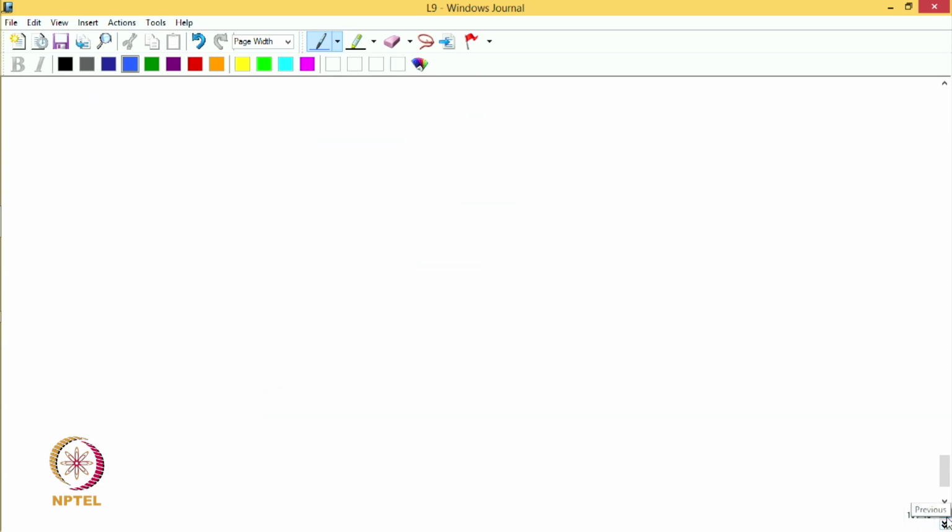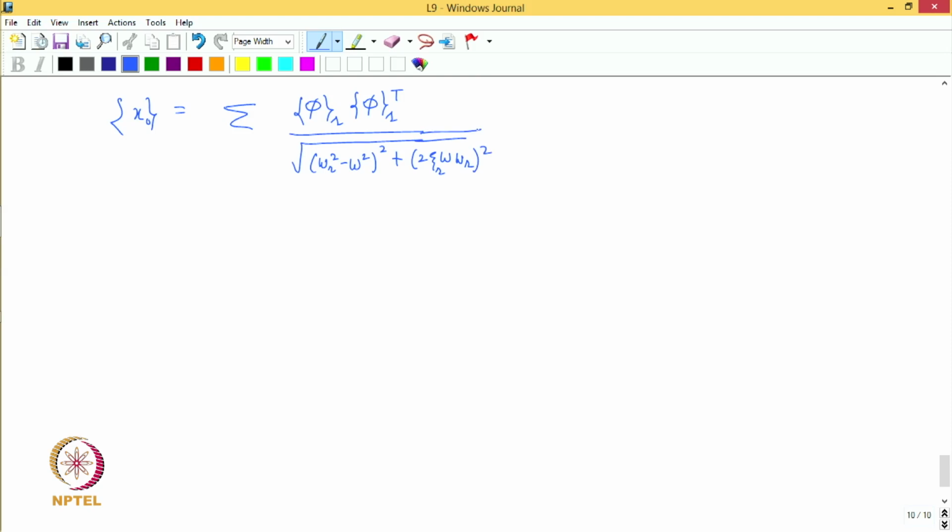So, if you represent the steady state response like this, then we have phi_r transpose divided by, now we can represent it in polar form. The magnitude would be the square root of omega_r square minus omega square, whole square, plus 2 zeta_r omega_r omega square, into e to the power i theta. That is the polar form of the denominator, multiplied by F naught.